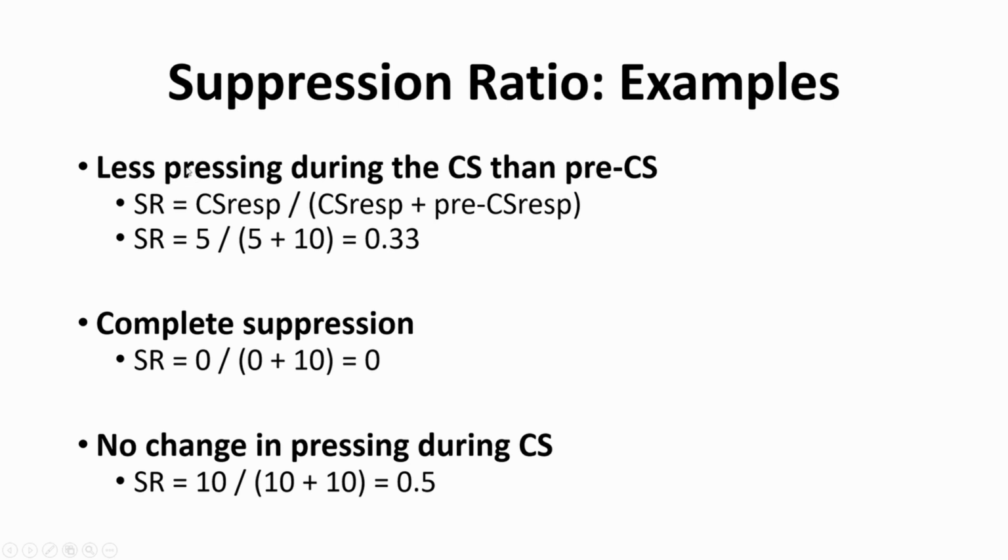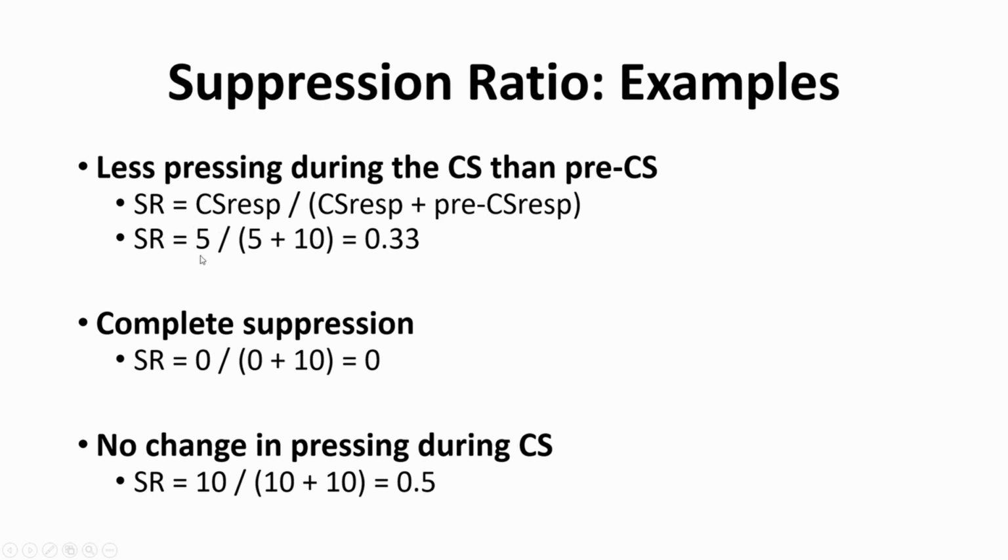So for less pressing during the conditioned stimulus than before the conditioned stimulus was presented, maybe when that shock has been delivered, we only see 5 lever presses per minute. But before the shock was delivered, they were pressing the lever 10 times per minute.